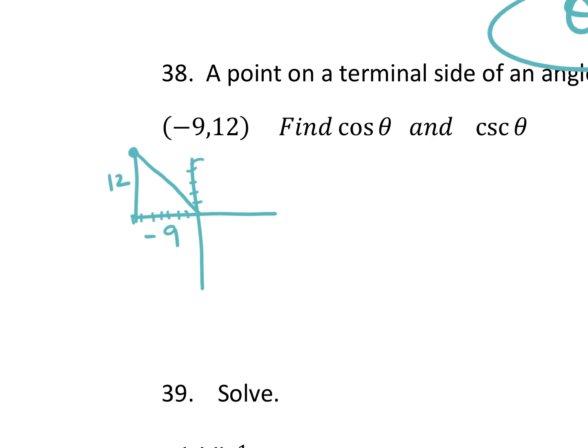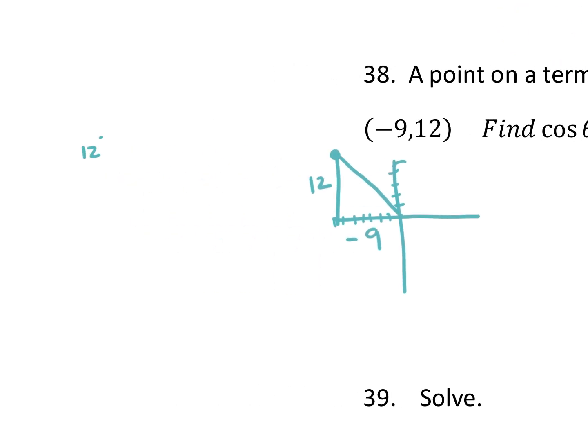How do we find our radius or the hypotenuse? Pythagorean theorem. So 12 squared plus -9 squared equals r squared. 144 plus 81 equals r squared.